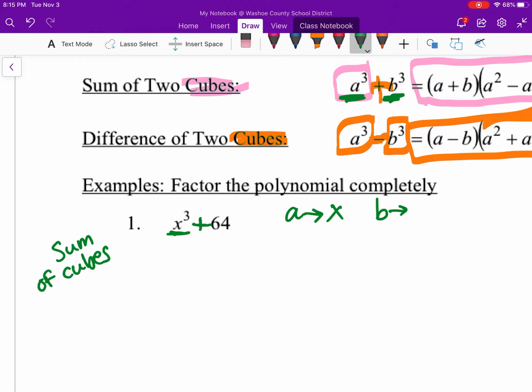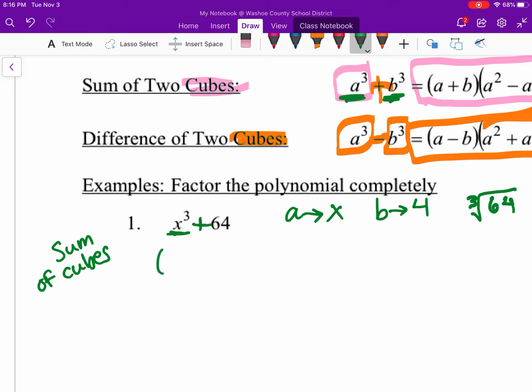And you can definitely do this in your calculator using the math key, but you're looking for this function, the cube root of 64. If you can't think of it, use that calculator. So we're looking for the number that multiplied by itself 3 times is going to give me 64, okay? And hopefully, once you use the calculator or think about it, it's going to be 4. So A is going to be x, B is going to be 4.